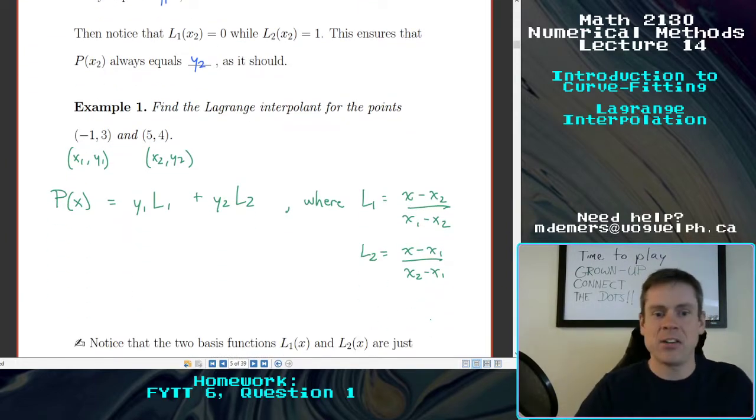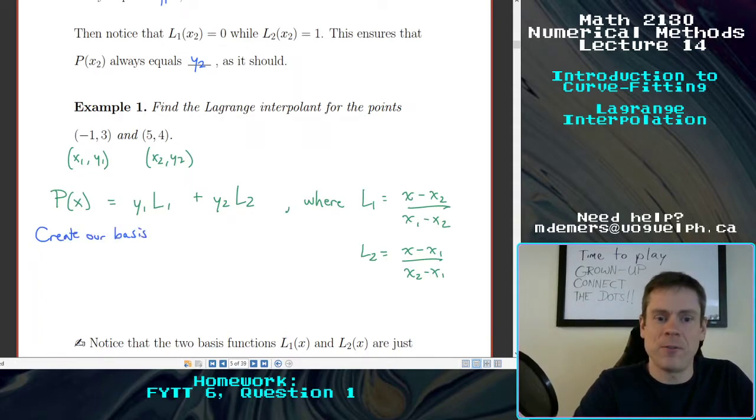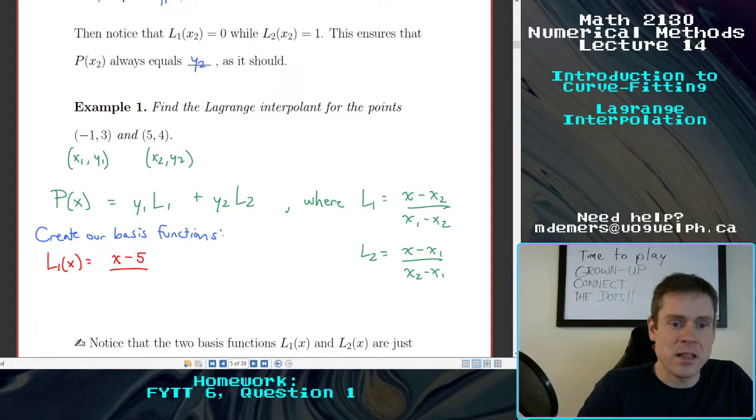Let's put it together and create the basis functions. It's really straightforward. L1 of x is going to equal x minus the other one, so x2 was 5, over x1 minus x2, so that's minus 1 minus 5.